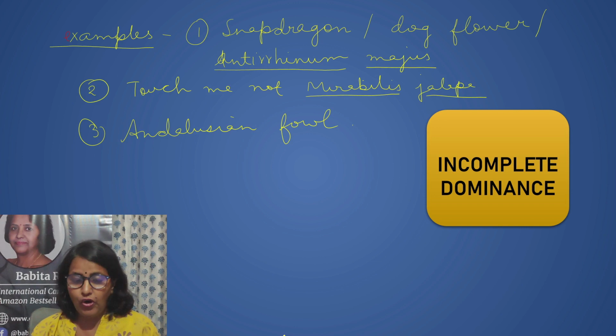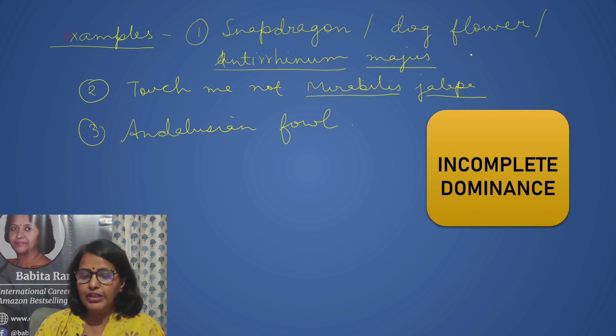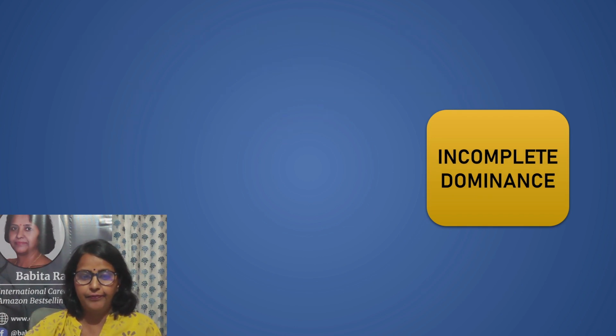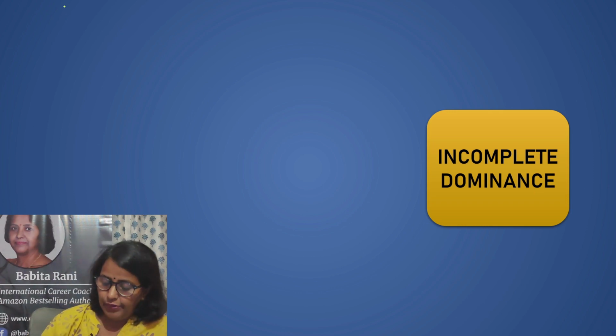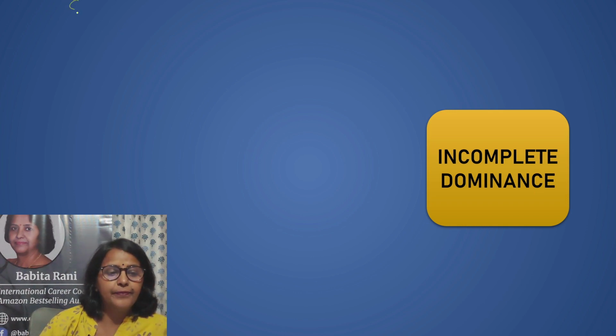So what will happen if we see the examples of these? Because the first and second are plants, we will take one example, as both of them will show a common type of dominance, and the third one we will study separately, that is an animal. So let us take the example of snapdragon first, or Mirabilis jalapa.